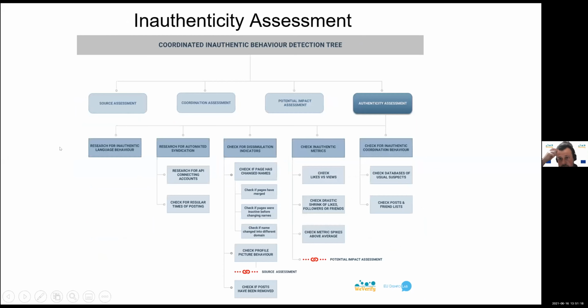This is the last one, the authenticity assessment. It's useful to assess if one account is authentic or not. So we have the inauthentic language behavior, which I just showed you an instance of.